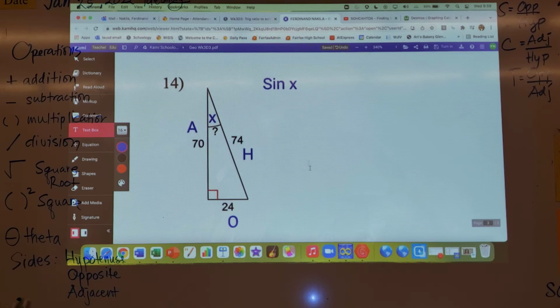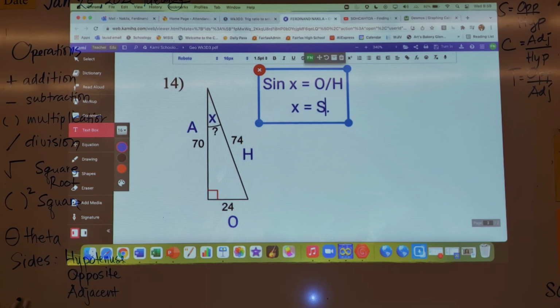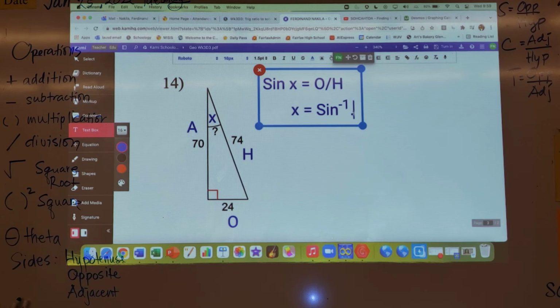I'm using sine, and for sine I need opposite over hypotenuse. So when I transpose my sine, it becomes an inverse sine. The way you write that, you need to write the superscript -1.